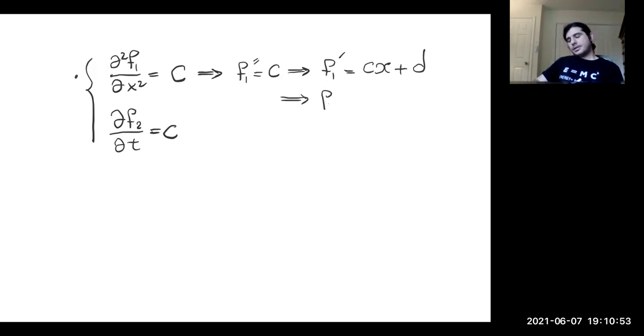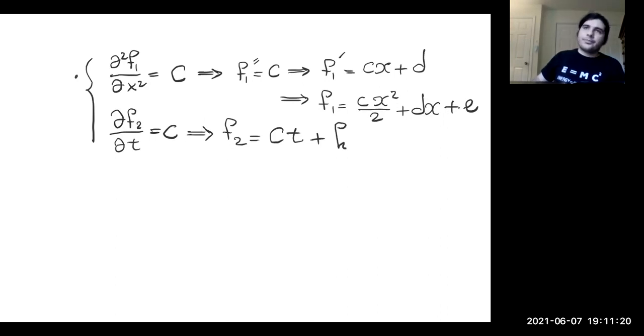Therefore, f1 is equal to cx squared over 2 plus dx plus another constant e, right? And here, f2's derivative with respect to t is a constant. So f2 would be that constant times t plus another constant. Let's show that constant with h.